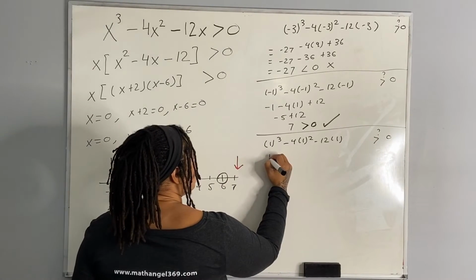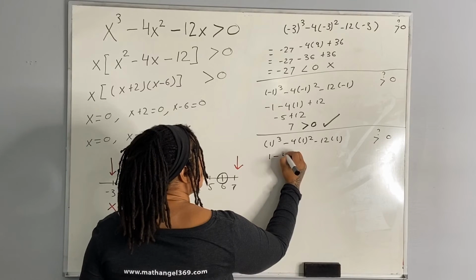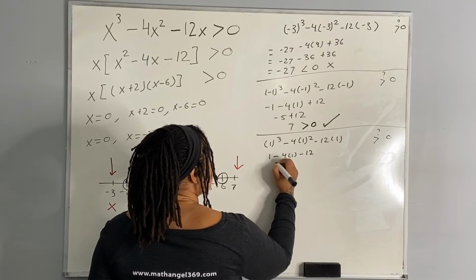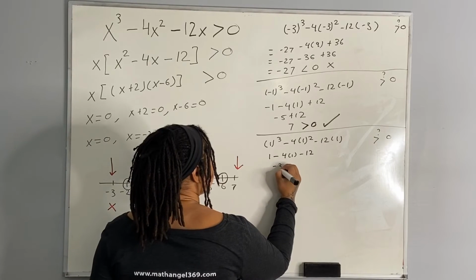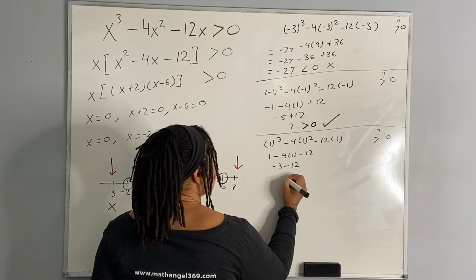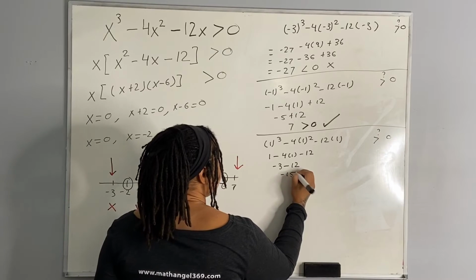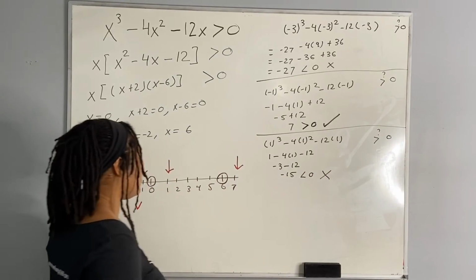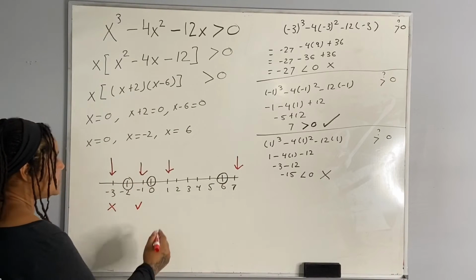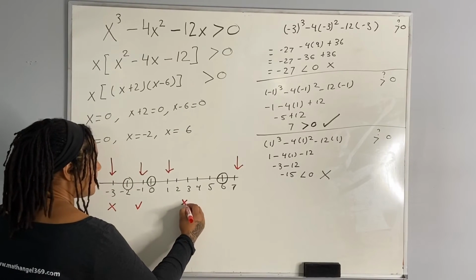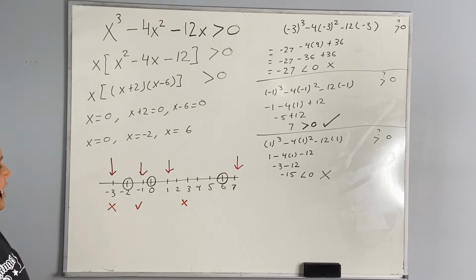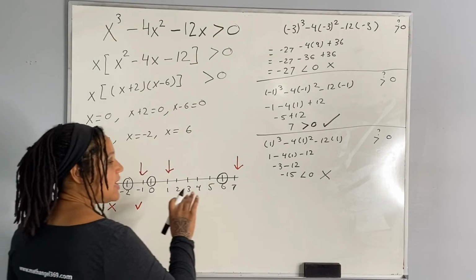So we have 1 minus 4 times 1 minus 12, which gives us negative 3 minus 12, which gives us negative 15. Negative 15 is less than 0, therefore all of the numbers between 0 and 6 are not a solution.